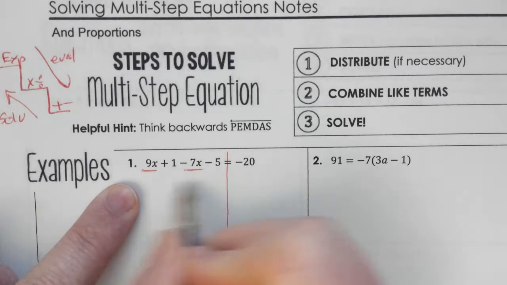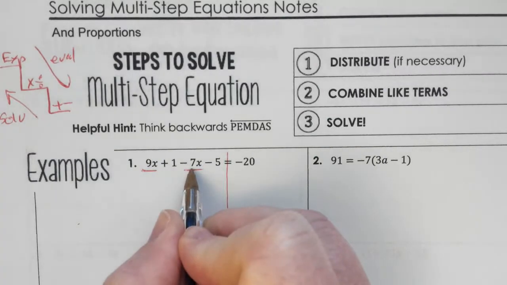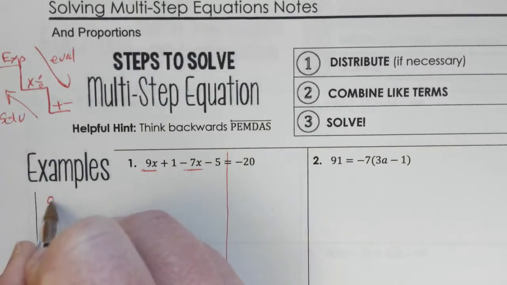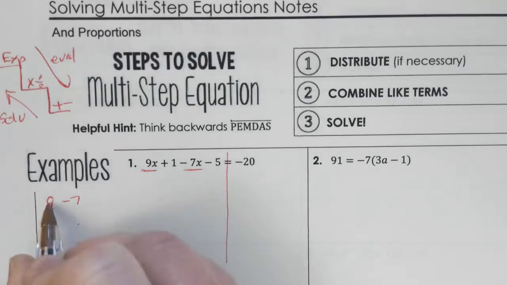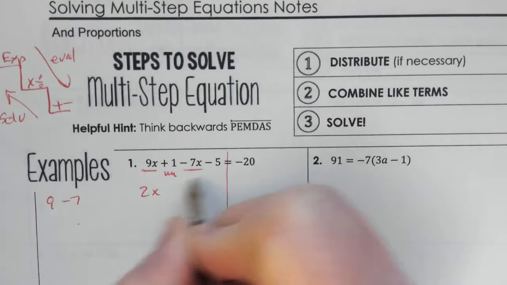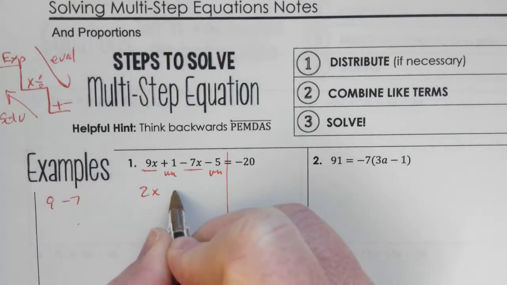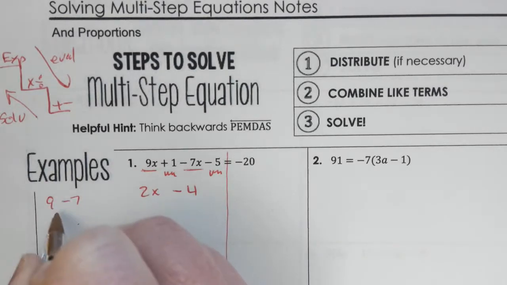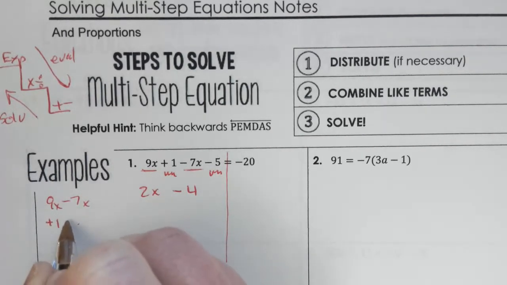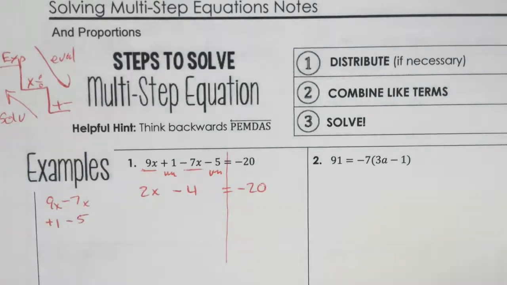So 9 and a negative 7 make a positive 2x. And then this positive 1 and this negative 5 make a negative 4, equals negative 20.